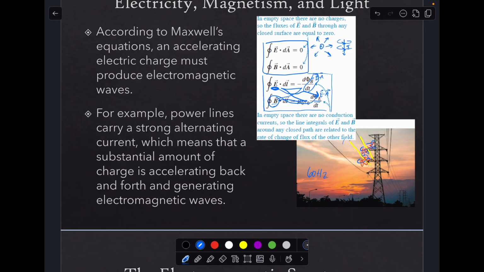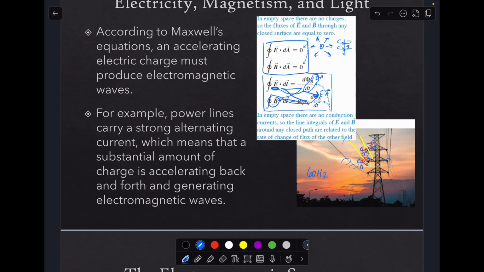Okay. So, moral of the story is anywhere that you have either a moving electron or a current, or anywhere that you can consider a time varying charge, you will be getting a magnetic field produced, which will produce an electric field, and therefore you have electromagnetic waves. So electromagnetic waves exist all around these wires.